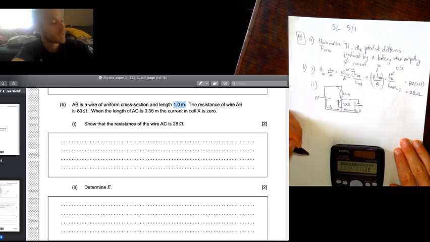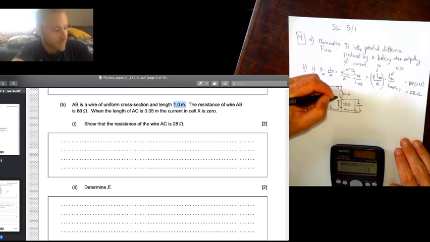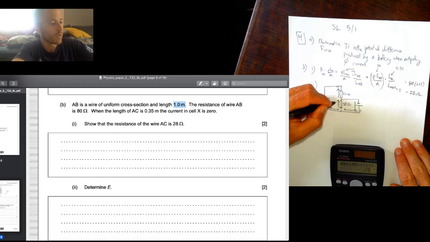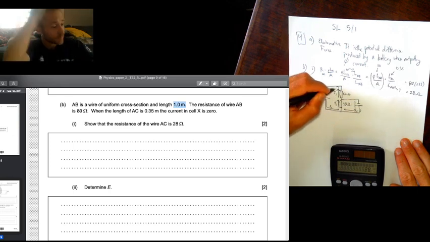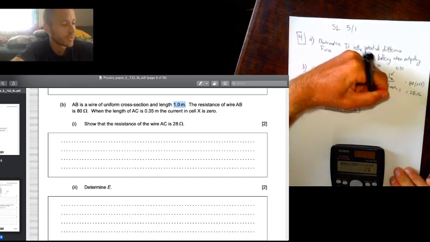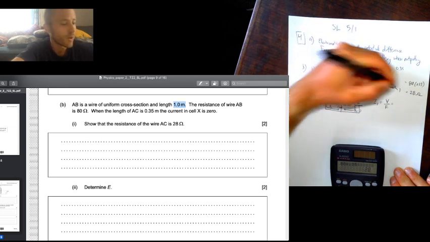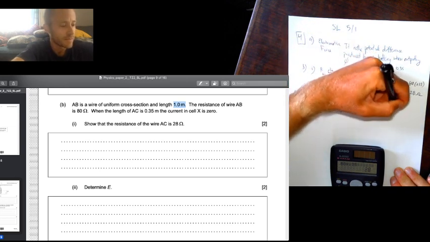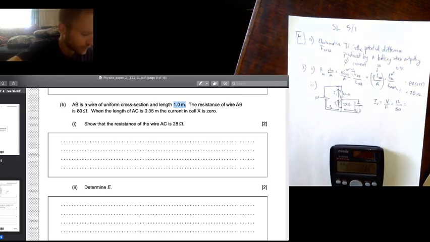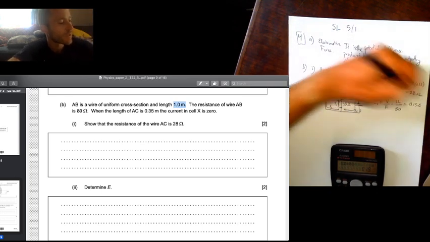Since this current is 0, that's the same current here, so we just have this current I1 going all the way around. We can figure out what I1 is just by using Ohm's law. It would be V over R, so 12 over 80, which would be 0.15 amps.